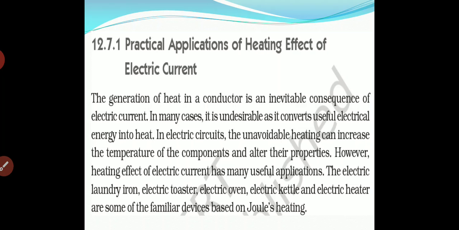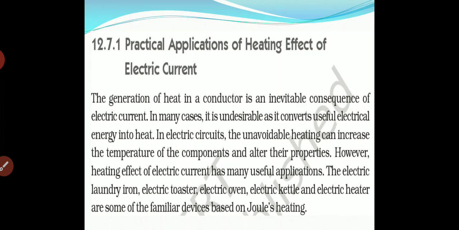In an electric circuit, the unavoidable heating can increase the temperature of components and alter their properties. However, the heating effect of electric current has many useful applications. There are a lot of advantages as well as disadvantages of the heating effect.